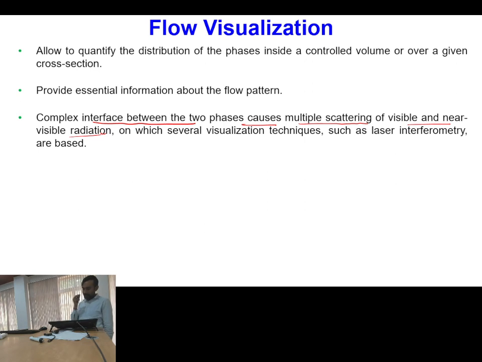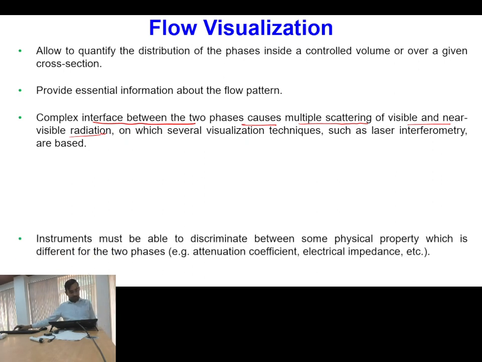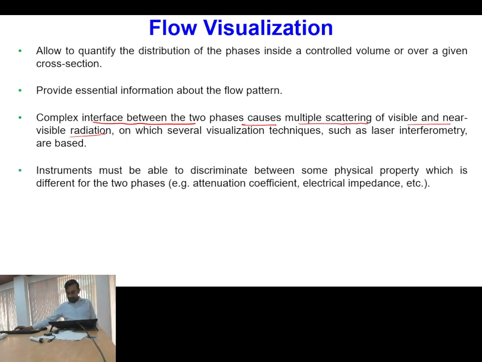Depending upon the nature of the interface, whether chaotic or simple, you can have multiple scatterings. So we have to devise our instrument in such a way that we can discriminate between some physical property. Typically the physical property for two phases is attenuation coefficient or electrical impedance, etc.